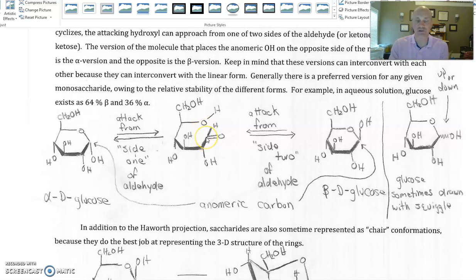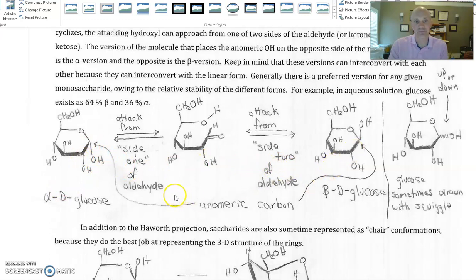I'm not going to expect you to understand the specific geometric arrangement for this, but just realize that if this oxygen right here attacks it from one of the sides, you're going to get the stereochemistry where the hydroxyl is down. But if it attacks the aldehyde from, say, for instance, the bottom side of it, you're going to get the opposite stereochemistry. We'll just call them side 1 and side 2, and that's what ends up causing the different sides.